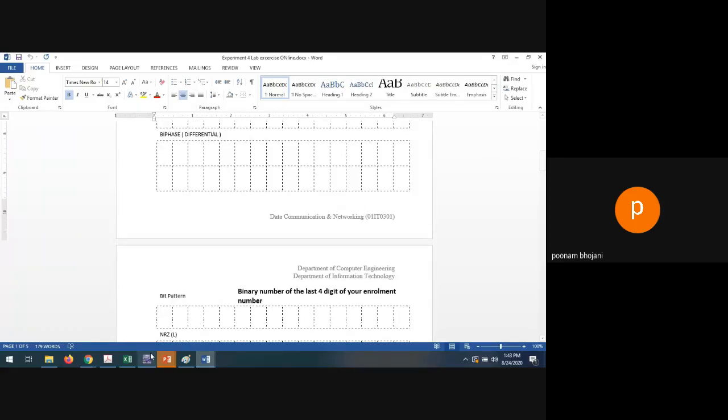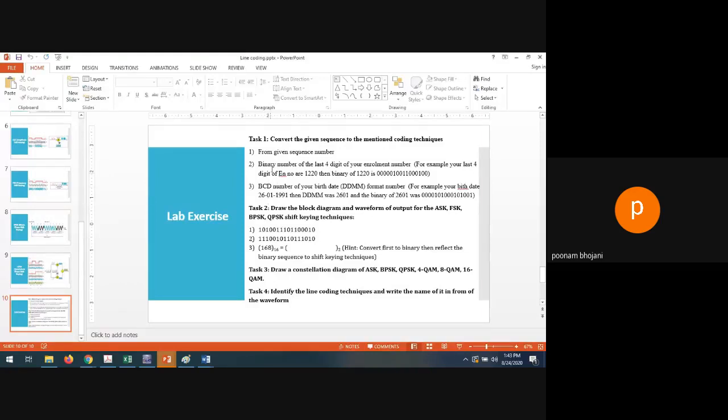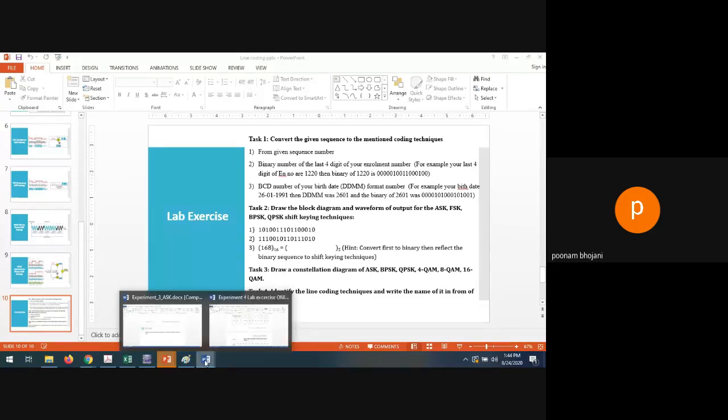Now, the second point. Here the sequence is not given. The sequence is the binary number of the last 4 digits of your enrollment number. If the last 4 digits of your enrollment number are, let's say, 1220, then you write the binary of 1220. Whatever the last 4 digits are, you have to convert them into binary, as 16 bits.